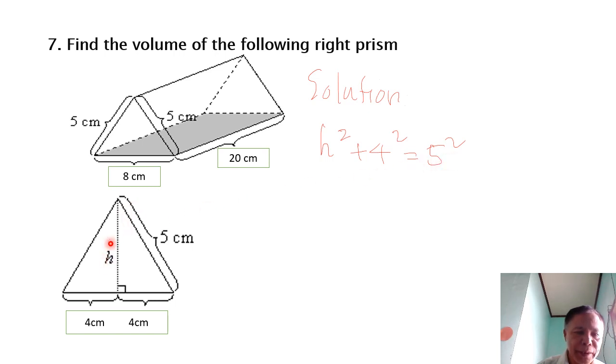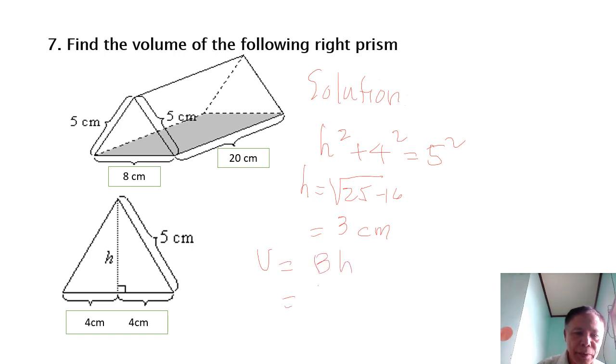We solve for the height of this one so that we can use area equals 1/2 base times height. So your height is equivalent to the square root of 25 minus 16, or simply 3 centimeters. So the volume would be equal to base times height.